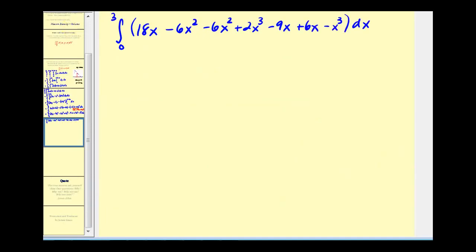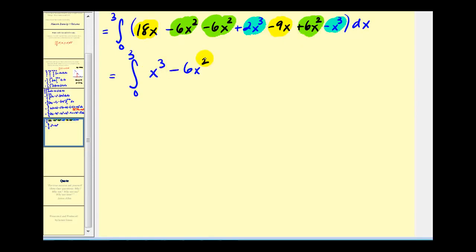Let's go ahead and combine our like terms. We're going to have 1x cubed minus 6x squared plus 9x. And now we'll integrate with respect to x. We'll have 1/4 x to the fourth minus 6 times x to the third over 3.